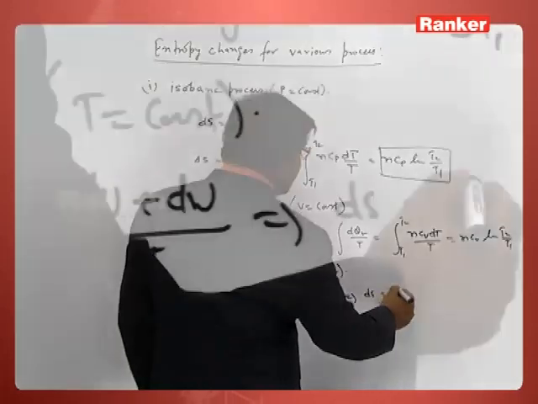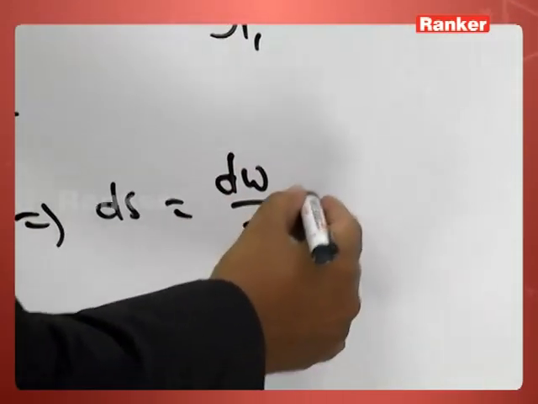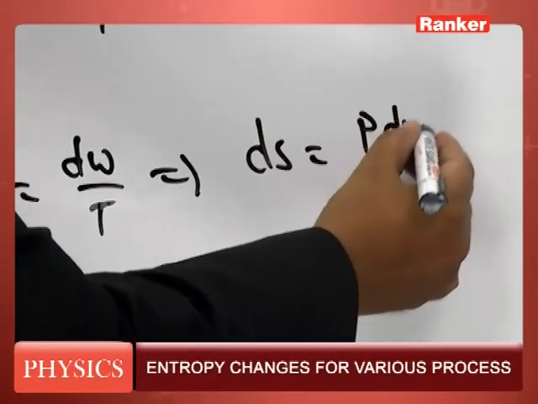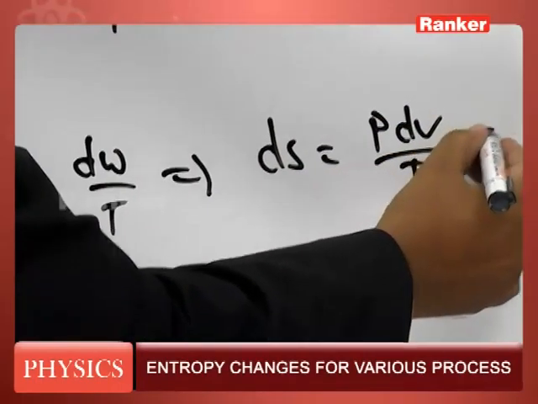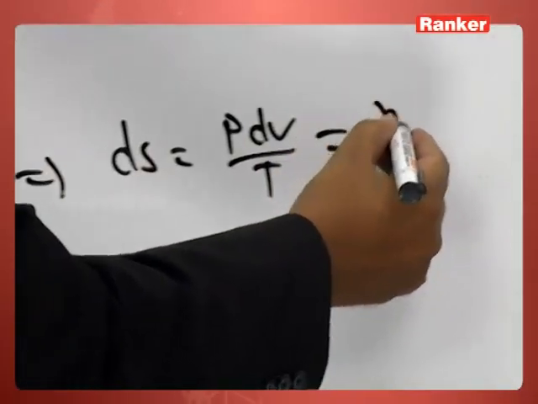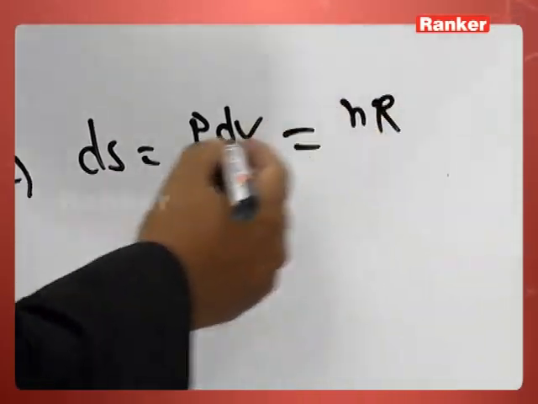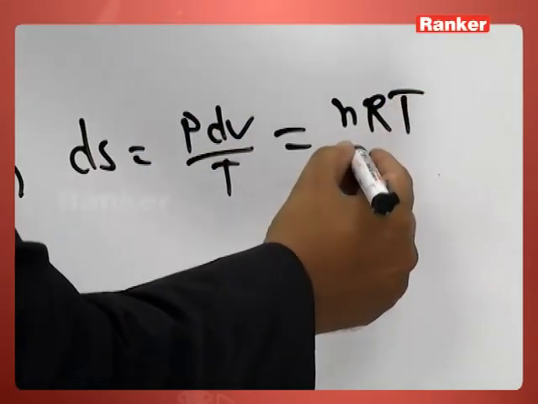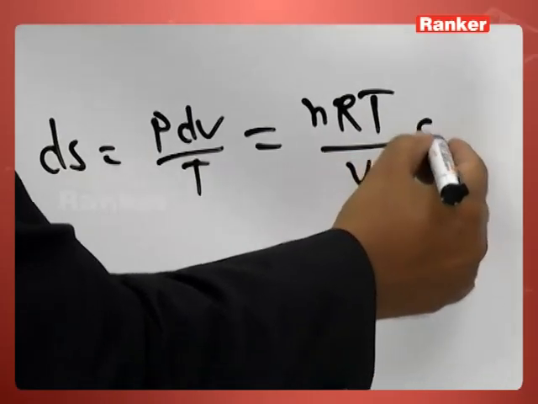So we have dw by T, which implies dS is equal to p dV by T, that is again equal to p dV by T, where p is equal to nRT by V, and dV.